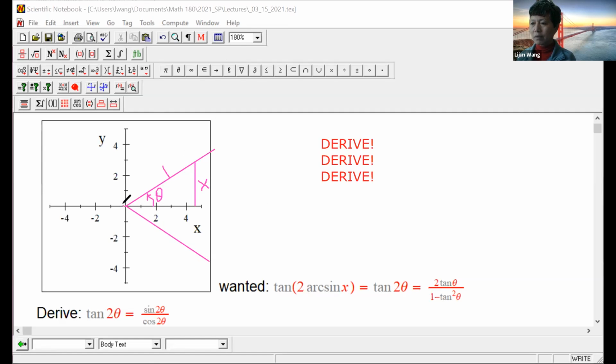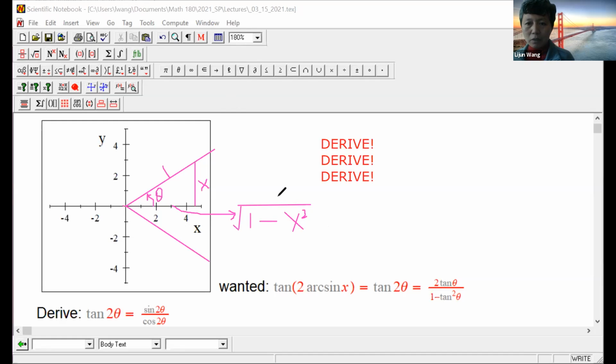How do we find cosine theta? Cosine theta is this side, right? Now, this side is going to be, we did this earlier, right? The square root of 1 minus x squared. So this is sine theta, this is cosine theta.